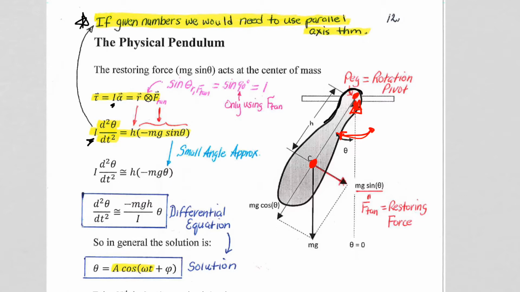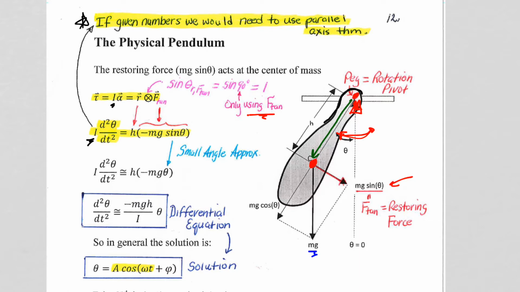And normally, when you have R cross F with mg, here is our R cross F, and the force is mg, we would not get 90 degrees, but we know the restoring component of mg is only due to the tangential component, so just due to our mg sine theta.